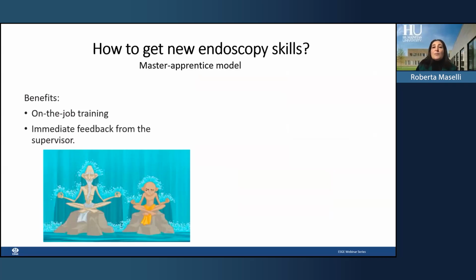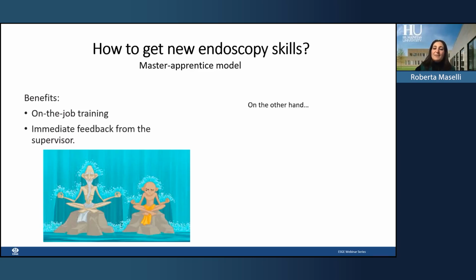But coming back to the master apprentice model, that finally is the hands-on, in vivo job that we are doing and trying to teach to the trainee. The benefit is that it is on-the-job training, and you can have immediate feedback from the supervisor.